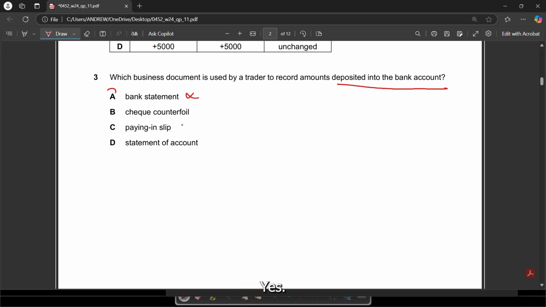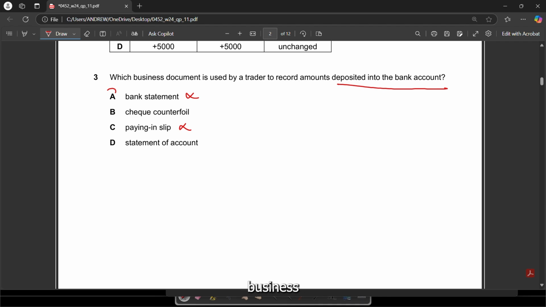Cheque counterfoil: yes, the counterfoil is one of the business documents which we use to record whatever deposit we made in a bank account. Next, paying in slip. Again, paying in slip is not a business document at all, so we just eliminated it. The last option, statement of account.